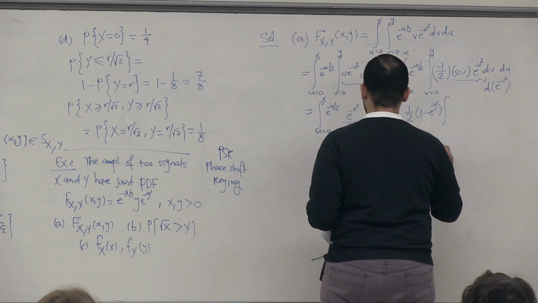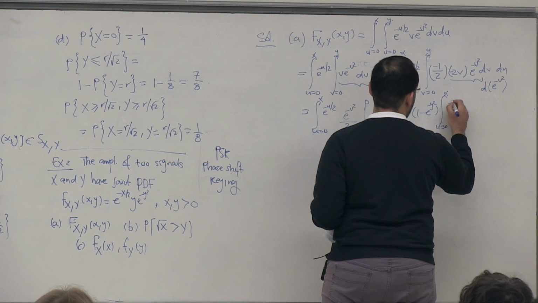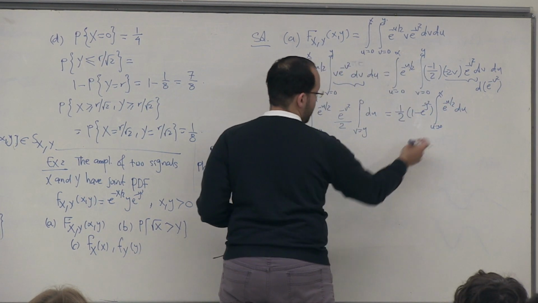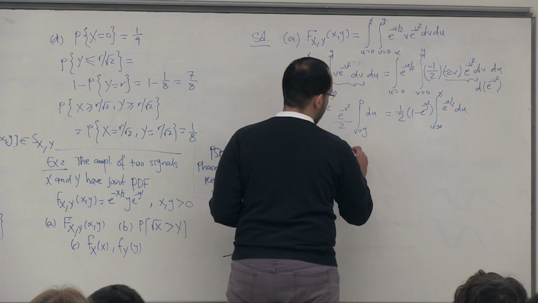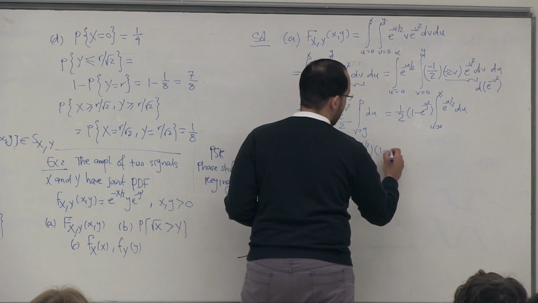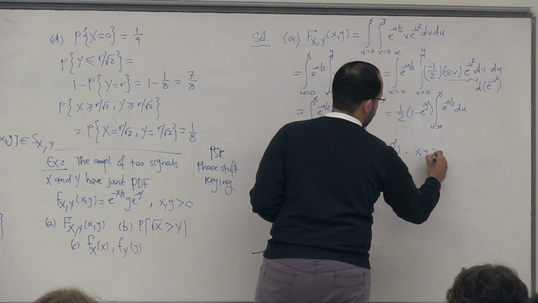The other integral is even easier. From u equals 0 to x, e to the minus u over 2 du. We can do this immediately. It will give you 2 times 1 minus e to the minus x over 2. So the final answer is 1 minus e to the minus x over 2, times 1 minus e to the minus y squared, for x, y greater than 0.